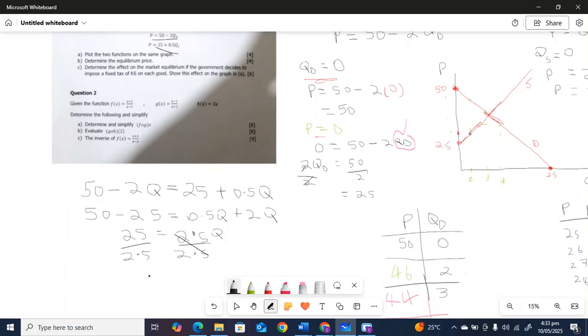Q equals 10. That's our equilibrium quantity. Any questions before I move further?